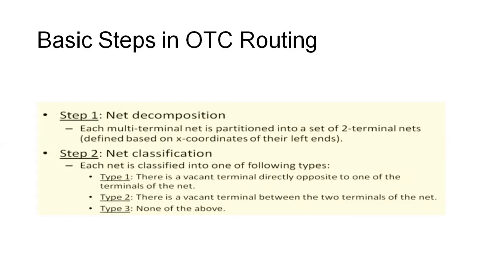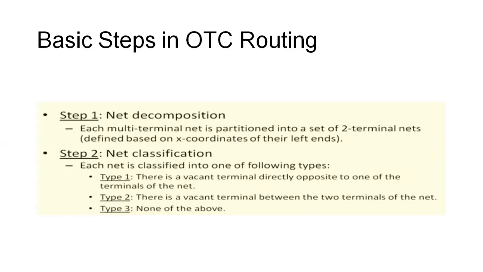Then the nets you classify as one of 3 different types. First we need to decompose that net. You cannot do this algorithm for a multi-terminal net. So wherever we are having a multi-terminal net, that net is to be partitioned into a set of 2 terminal nets. This is applicable earlier on the other algorithm also.